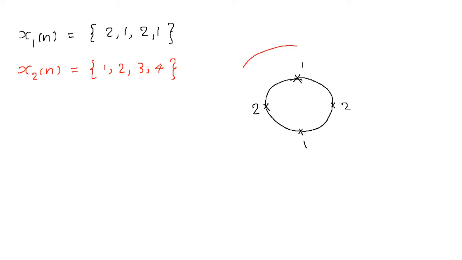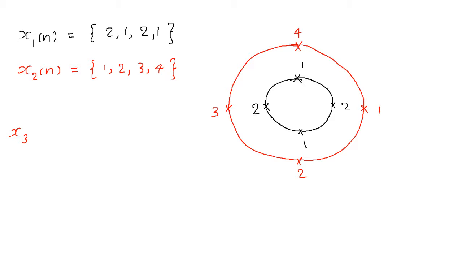Then we have to represent the second signal, that is x2 of n, in the same way, but in the opposite direction. So we represent the signal in the clockwise direction, that is 1 here, 2 here, 3 here, and 4 here. We'll use a different color just to make it more clear.